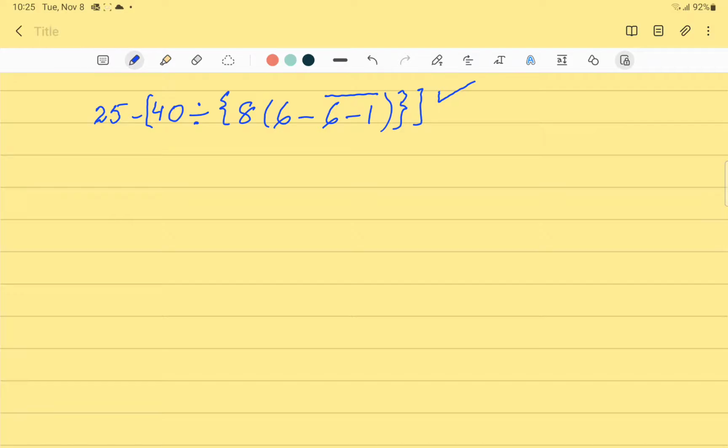According to the BODMAS rule, let us write down the BODMAS rule so that everything will be clear to us. In BODMAS, each letter stands for something.